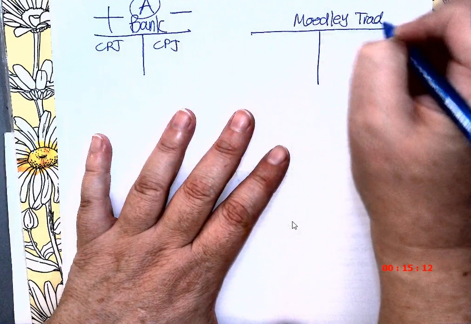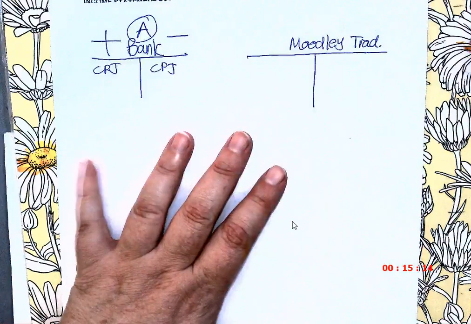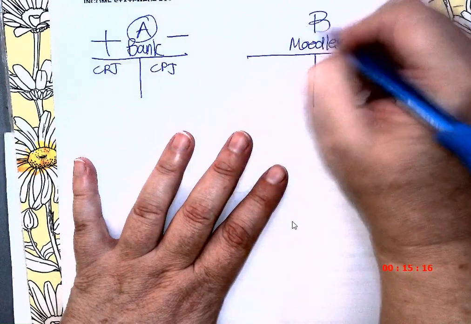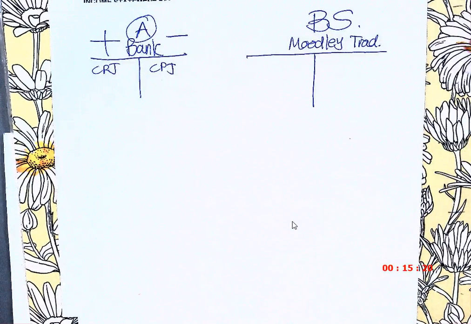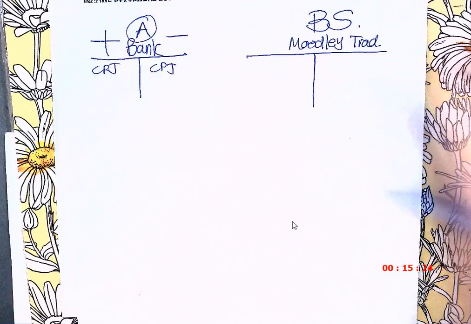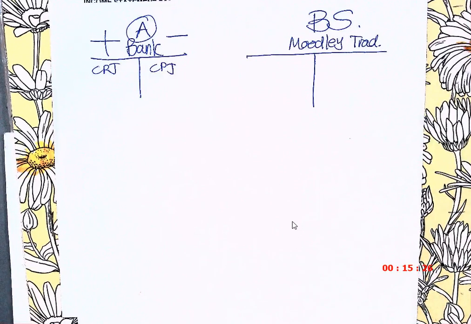When we receive it, we will receive it in the format of a bank statement. Now for the bank, Moodley is a creditor. Why? Because Moodley puts money in the account, but the bank needs to be able to pay it back to Moodley.